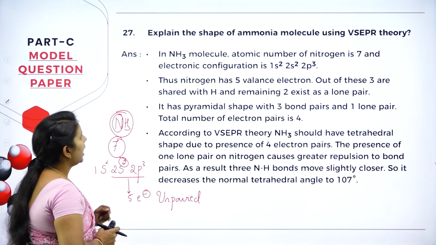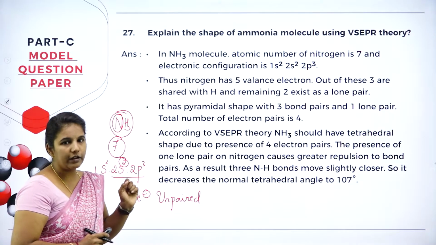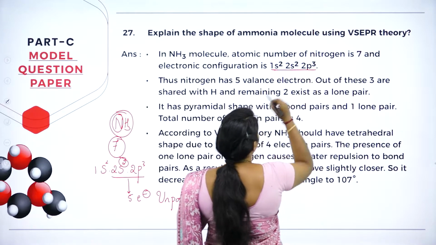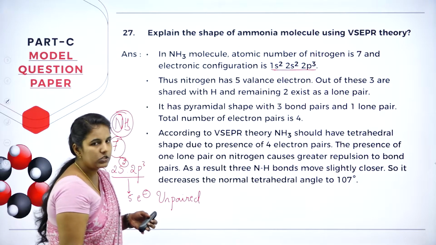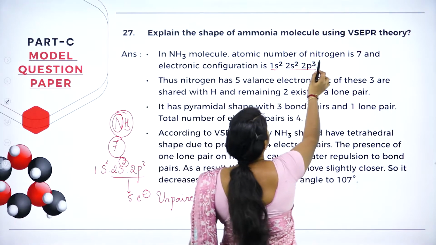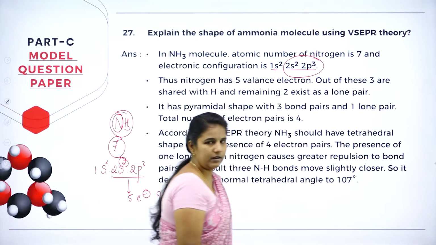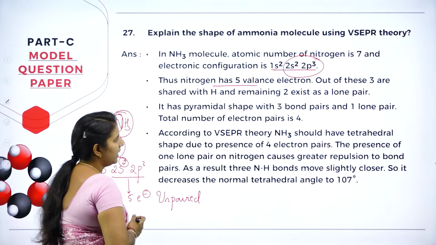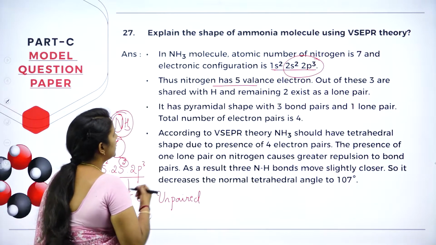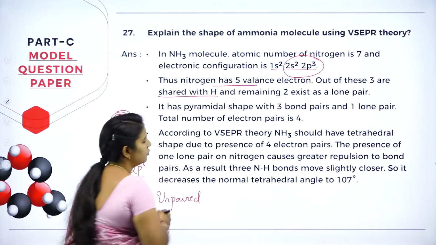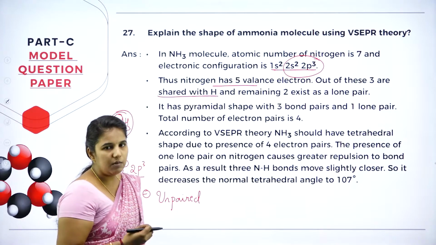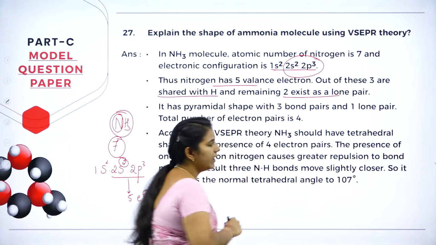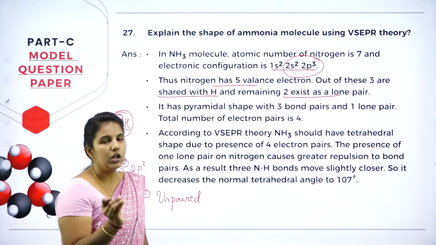Okay. So in the ammonia molecule, the atomic number of nitrogen is 7 and it has an electronic configuration of 1s2, 2s2 and 2p3. So in the last shell you can see that there are 5 electrons, right? Among these 5 electrons, which are also known as valence electrons, 3 can easily share with hydrogen and form single bonds, and the 2 electrons remain as such and behave like a lone pair.